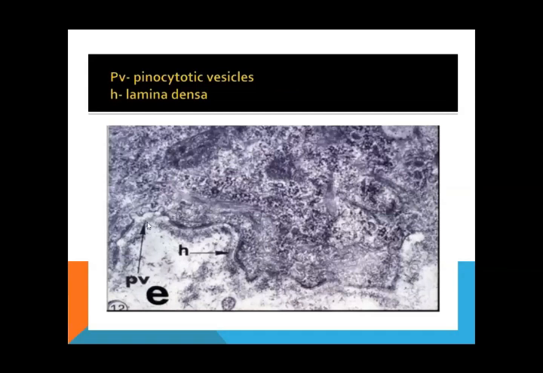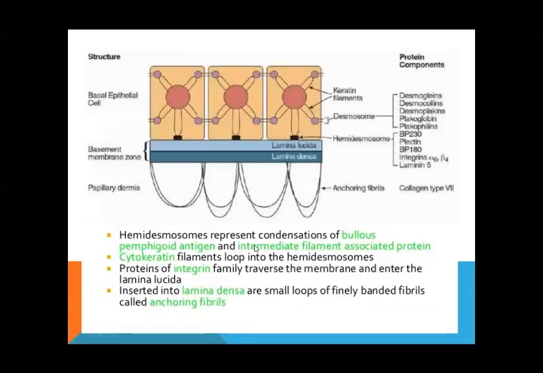This is the epithelium and this is the lamina. Hemidesmosomes are present, with condensation of plaque, bullous pemphigoid antigen, and intermediate filament associated protein. Cytokeratin filaments loop into the hemidesmosomes.